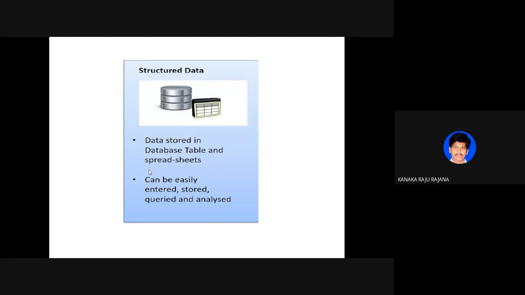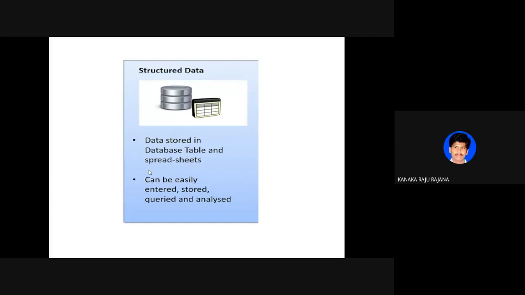I need a student whose name is Raju, whose mobile number is so and so, and I need the information regarding the marks. If I give these two fields to a system, the system automatically grabs that information and analyzes it. So that is the reason why this data is called structured data.